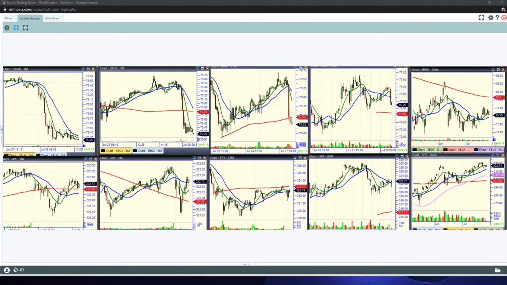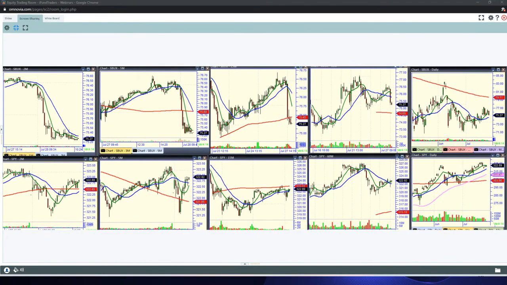But if you enter correctly, it should start going your way. Notice it didn't say it should reach target in minutes. It just says you should be in profitable territory within minutes. Once I'm in profitable territory, I'm starting to pare off or move my stop, which is eliminating my risk, which is controlling the downside, which is controlling losses.